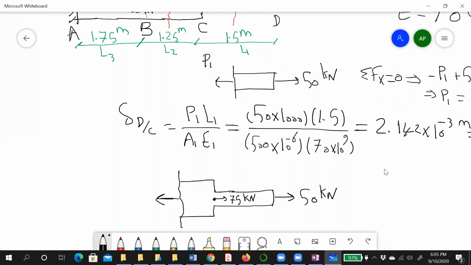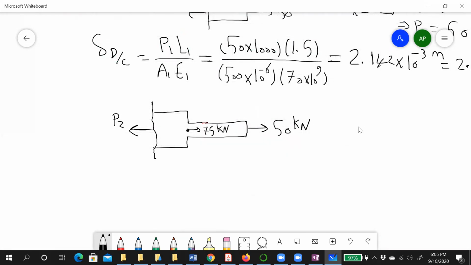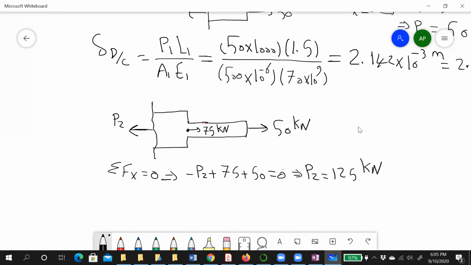Let's denote it P2. Summation of force in direction of x: negative P2 plus 75 plus 50 equals 0. P2 is 125 kilonewton, right?